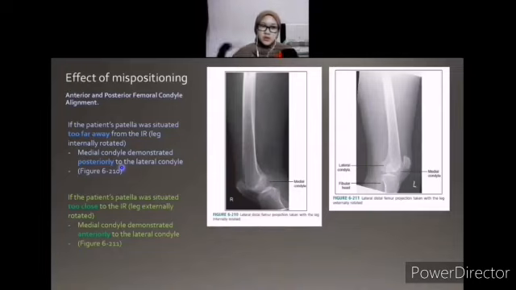If the patient's patella was situated too far away from the IR, the medial condyle will be demonstrated posteriorly to the lateral condyle. And if the patient's patella was situated too close to the IR, the medial condyle will be demonstrated anteriorly to the lateral condyle.